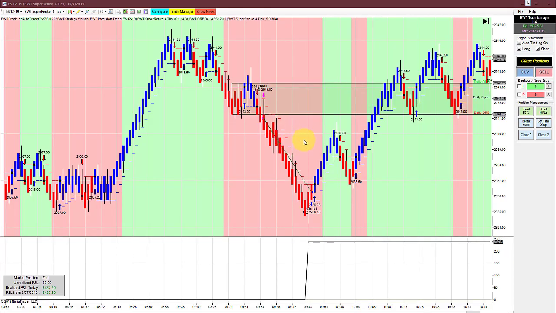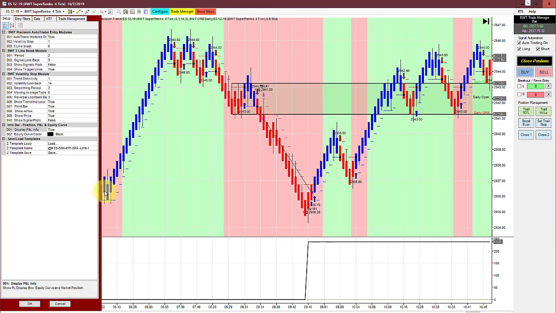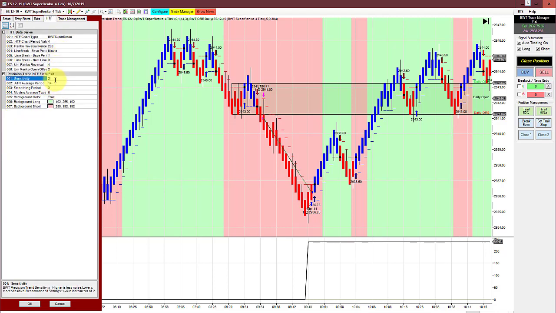Okay, to demonstrate that point, here is the open range filter on the E-mini S&P. This is the template, the Super Renko 4 with the Super Renko 4 as the higher time frame, but the sensitivity on the base chart is 1 and the higher time frame sensitivity is 2.